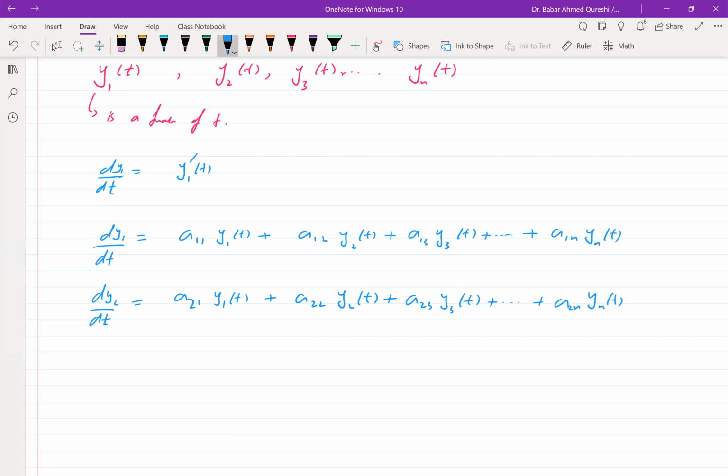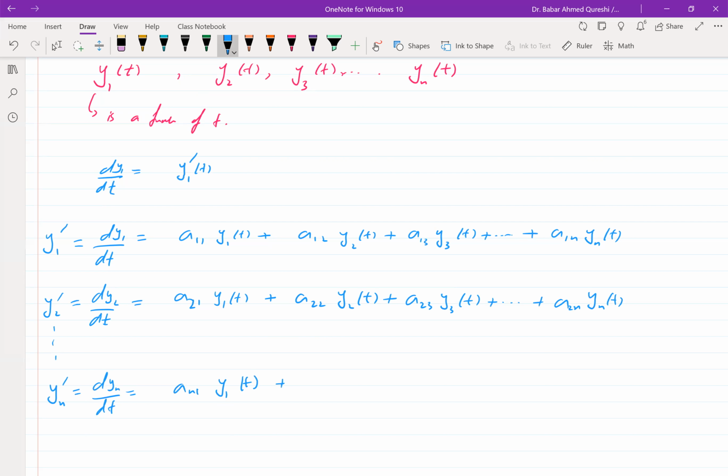So on, I can call this y1 dash and this y2 dash, until you have yn dash. These are a very restricted class of equations which I am considering.